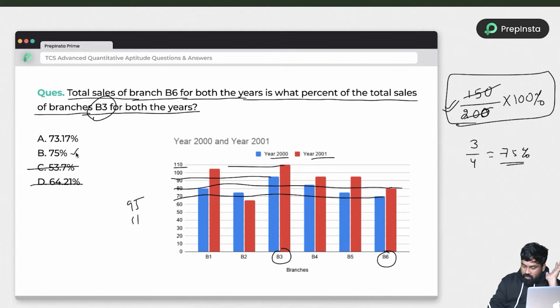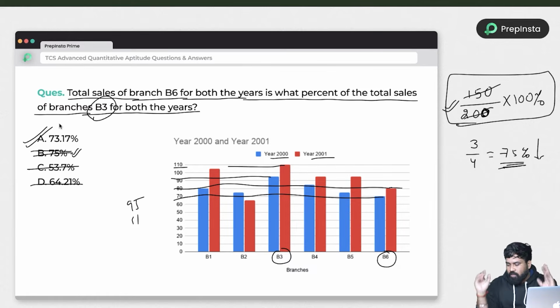Will it be exactly equal to 75? No. Why? Because we decreased the denominator. If you decrease the denominator, then the value increases. So the actual value will definitely be less than 75. So my answer is 73.17. Even if I don't calculate, if you want you can calculate and you will get the same answer.